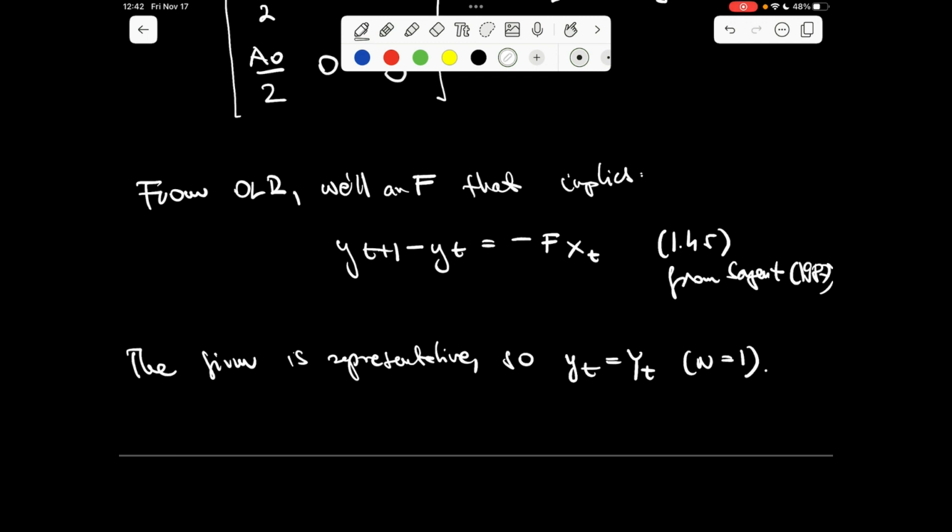So we have a perceived law of motion and an actual law of motion as implied by the perceived law of motion. But under rational expectations equilibrium, the perceived law of motion and the actual law of motion must be the same. This is what we are going to do in turn.